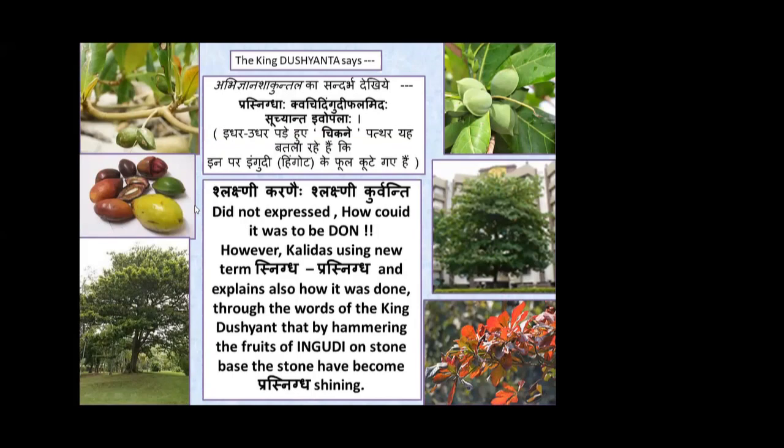So many there are. I have collected many, but I'm not discussing that here. So earlier to Kalidas and earlier to Ashok and even earlier to Lord Buddha or Jain Mahavir, there are references.